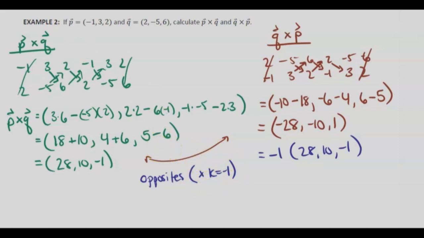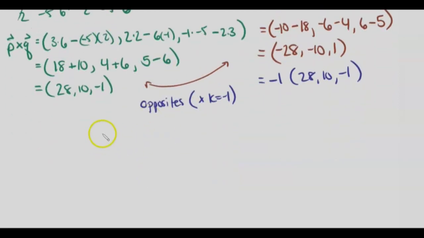The other thing that we can do is check if our solution is correct. If our solution is correct, we should do vector P dot vector P cross vector Q, like that 28, 10, -1, and we should be able to yield a 0.